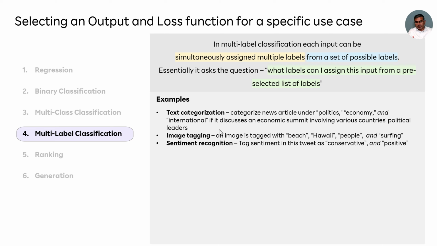Text categorization. Let's say there's a news article and you'd like to analyze the text and classify it as, hey, this news pertains to politics, economy, or international affairs. And it could have multiple.